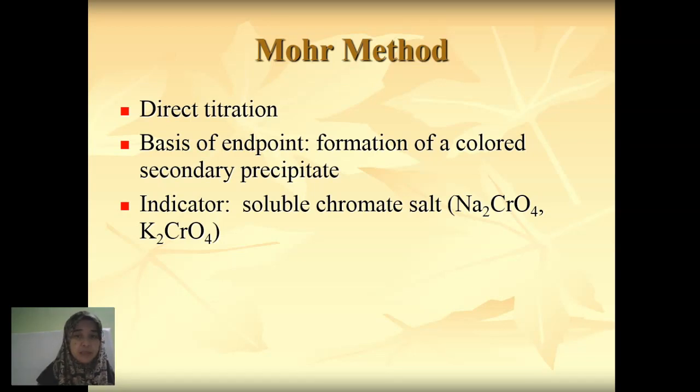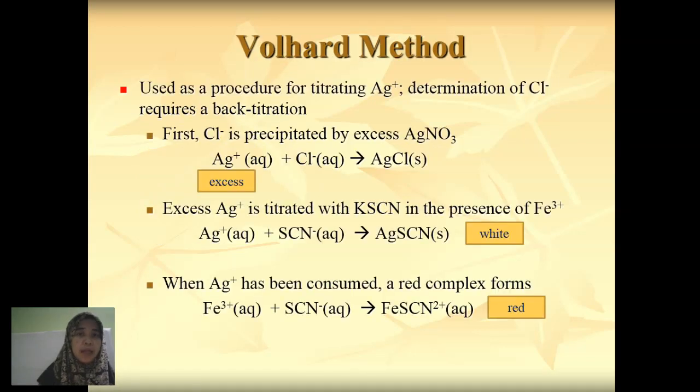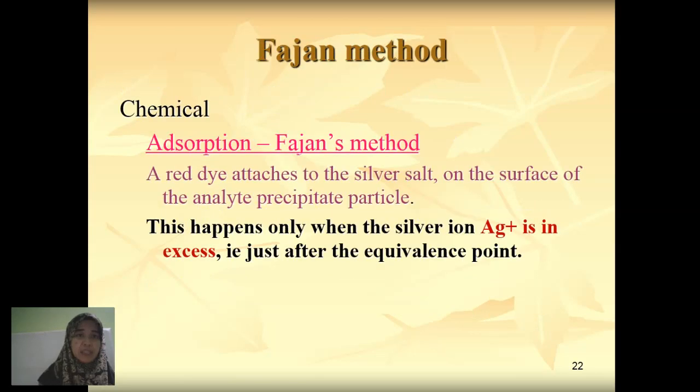The indicator is a soluble chromate salt. The Volhard method is used as a procedure for titrating the silver. And the last one is the Fajans method, also known as an adsorption method.